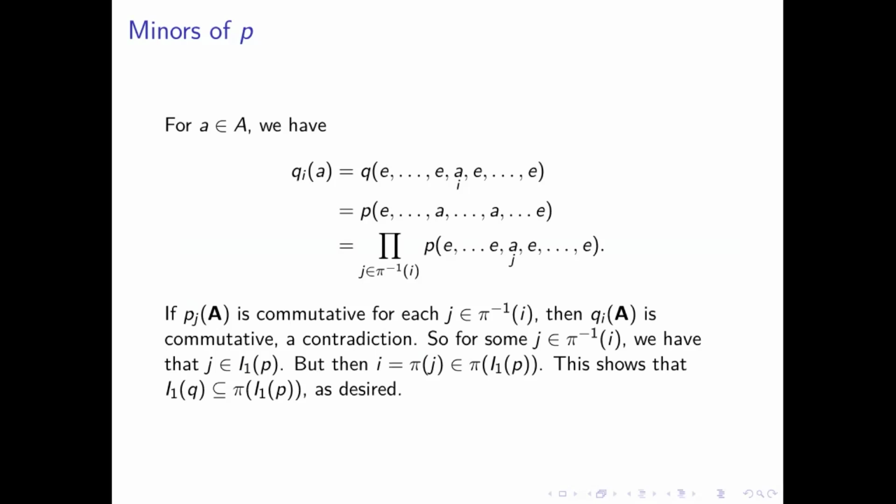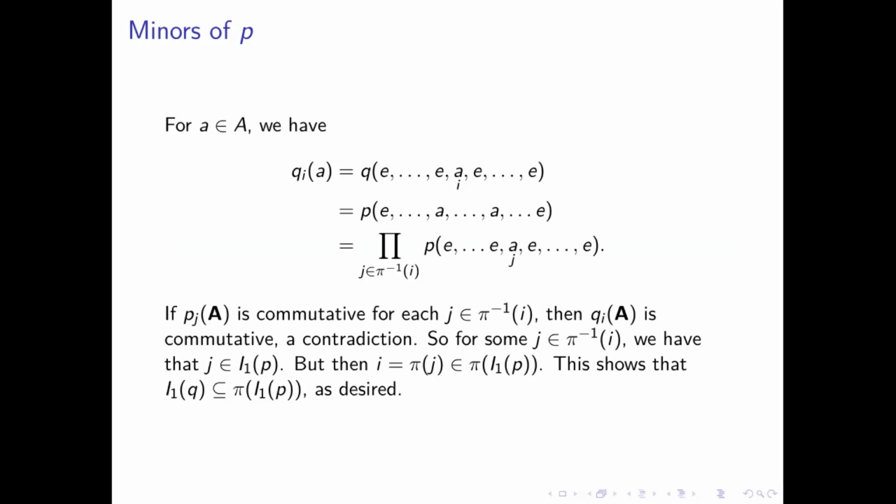If the image here, Pj of A, is commutative for each j in the preimage of i, then the image Qi of A is also going to be commutative. It's the same argument as we did before. If all of the little pieces are commutative, then when you do their product together, that product is also going to give you a commutative monoid.